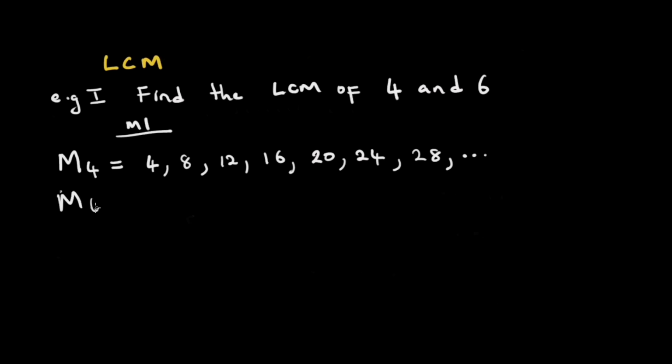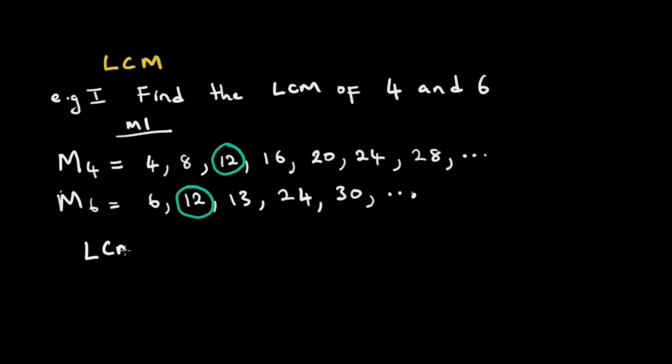Multiples of 6 are 6, 12, 18, 24, 30 and so forth. By inspection, the earliest common multiple is 12. So our answer for the lowest common multiple of 4 and 6 is equal to 12.